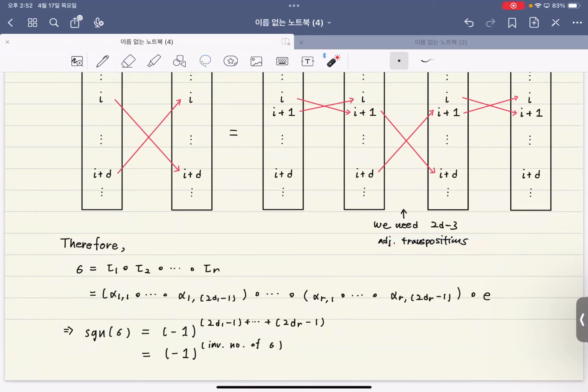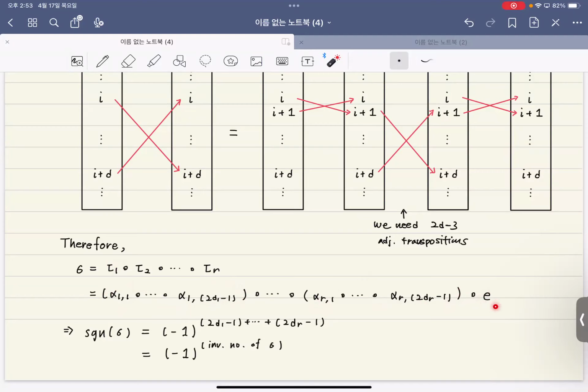So therefore, suppose that my permutation has this looking transposition decomposition. Each of these taus are transpositions, but they may not be adjacent transpositions. They are just regular transpositions. But every transposition now allows a decomposition consisting of adjacent transpositions like this. So I can do like that, right?